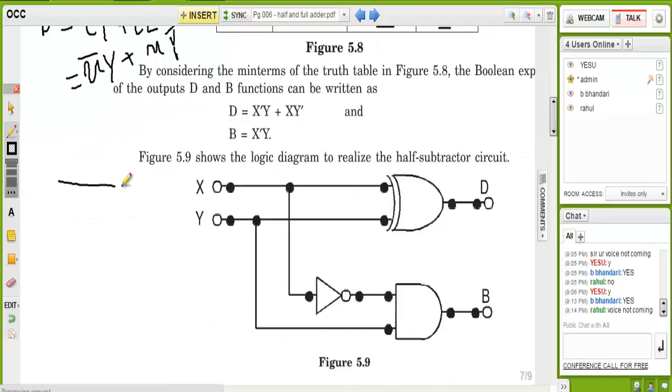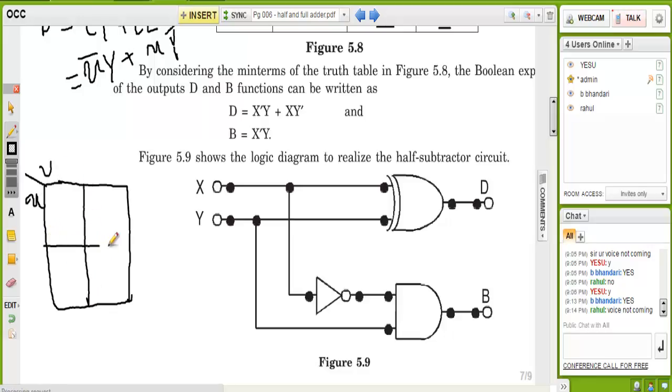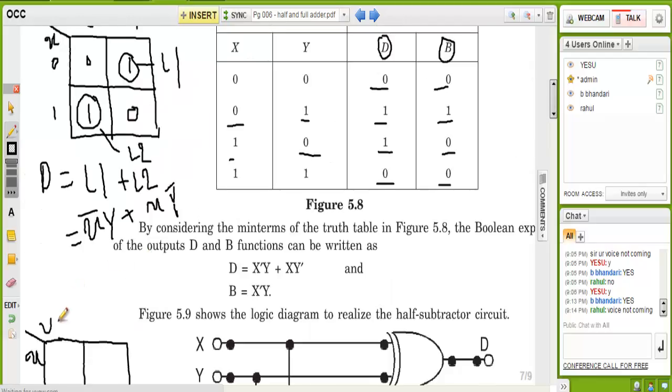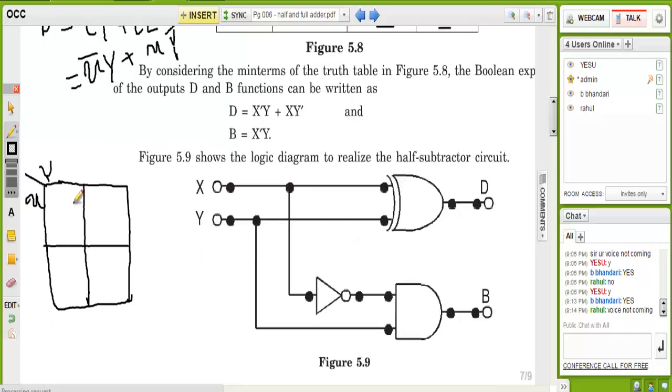How? Draw here again a Karnaugh map. Here x and y. See, for x 0, y 0, borrow is 0. So here 0, because this place is x 0 and y 0.